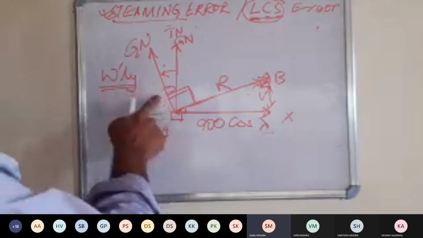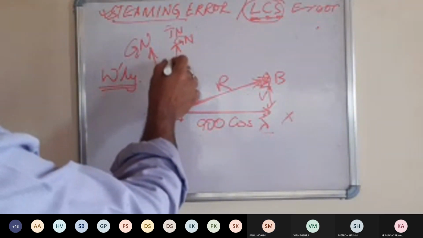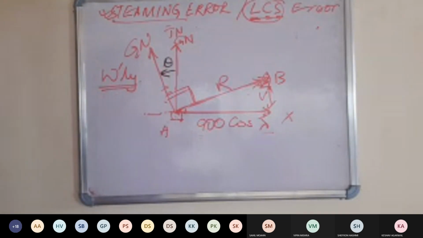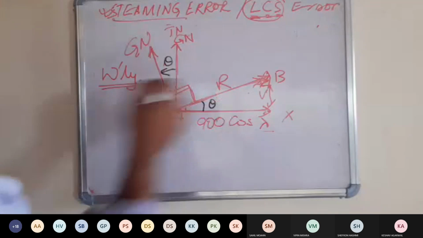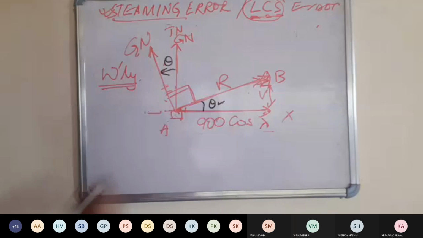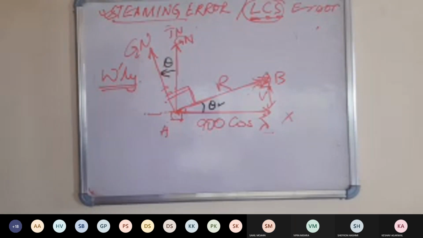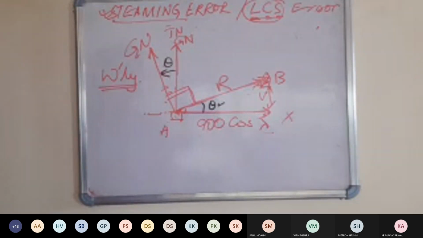In doing so, the error which is created is, let us say, theta. Is this the same theta which is created here? Yes, sir. Okay. So if we find out the value of this, we should be able to find out the error. If we find theta, we will know the error.